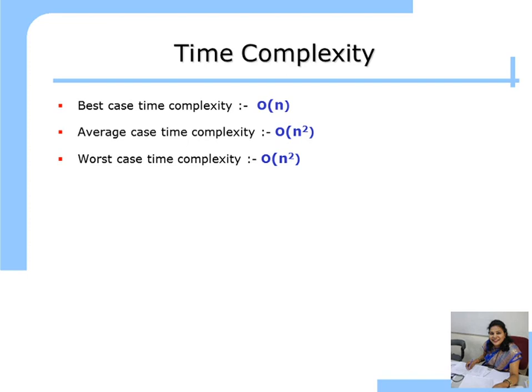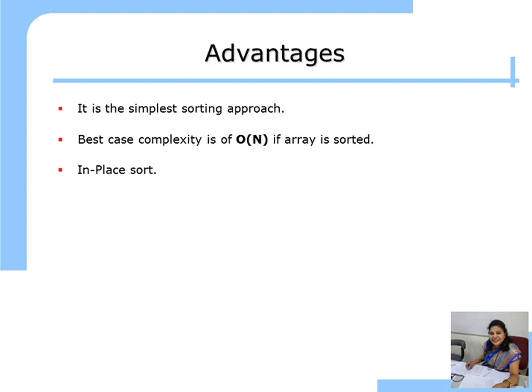The algorithm you learned in your C programming subject to sort numbers has all 3 complexities, best, average and worst, as O of n square. So bubble sort is a better algorithm than that one. Why? Because bubble sort has best case time complexity O of n.